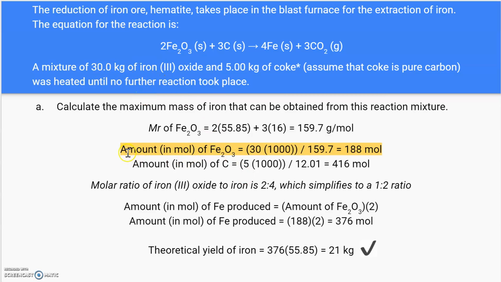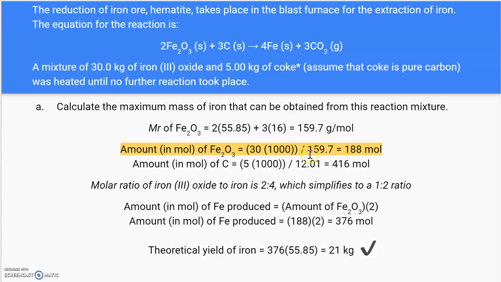So, to calculate the amount of iron 3 oxide, we multiply that 30 kilograms times 1,000 to get to grams, and then divide that by its molecular mass, which we have already calculated, 159.7.